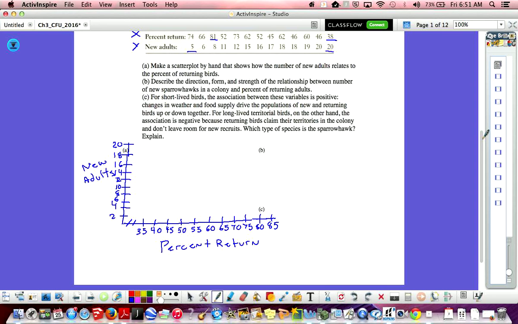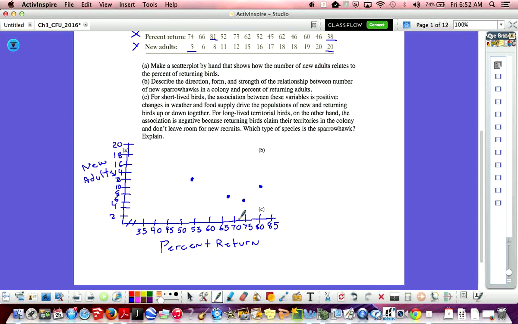So 74 and 5. Again, I'm just doing my best to estimate this because I know I'm drawing it freehand. 66 and 6. And 81 and 8. 52 and 11.